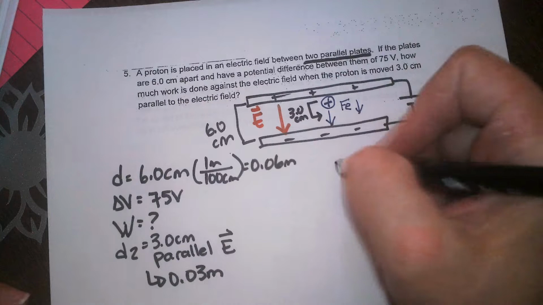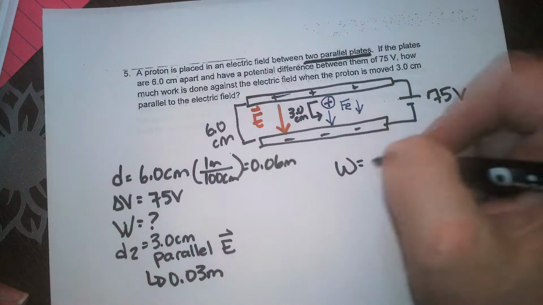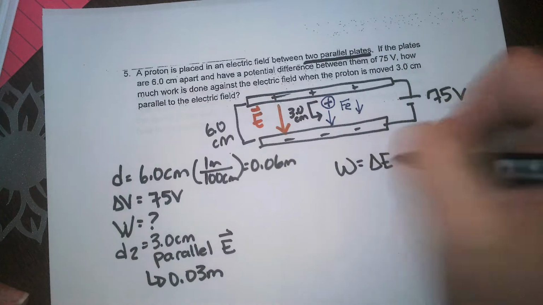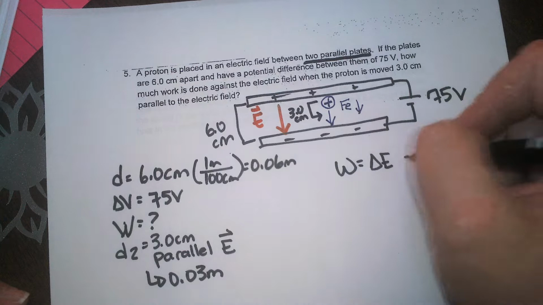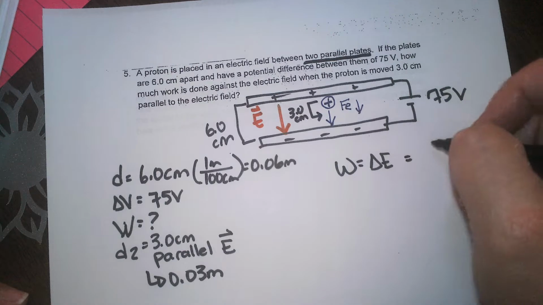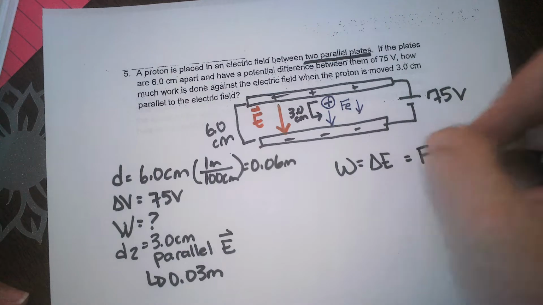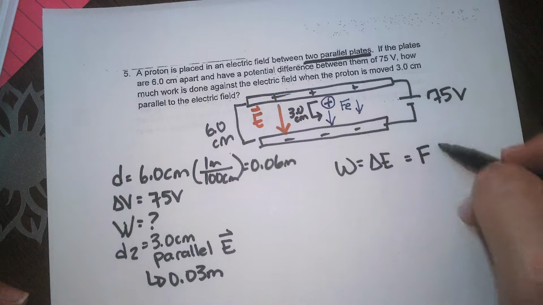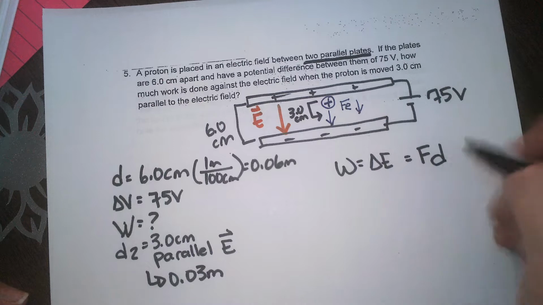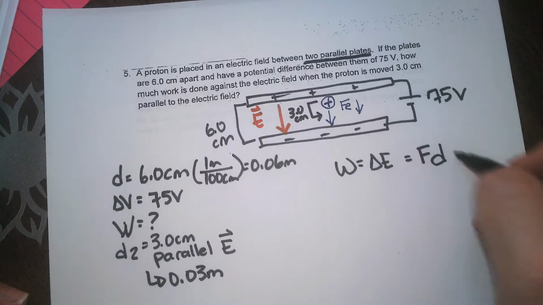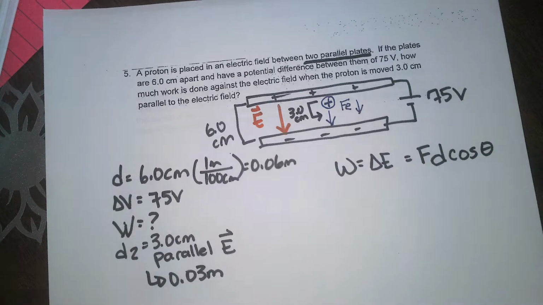Work is equal to what? Delta E. Work is also equal to force times distance times cos theta.